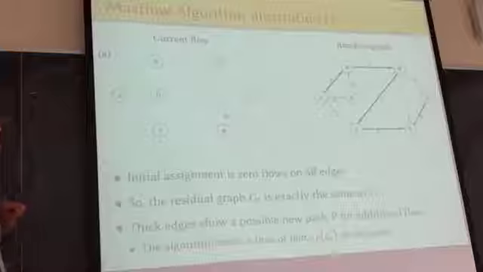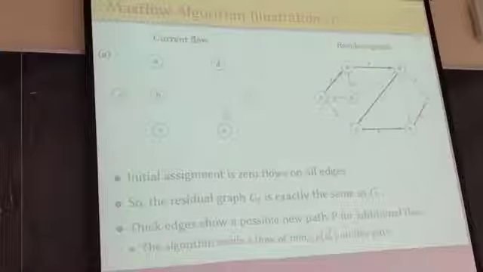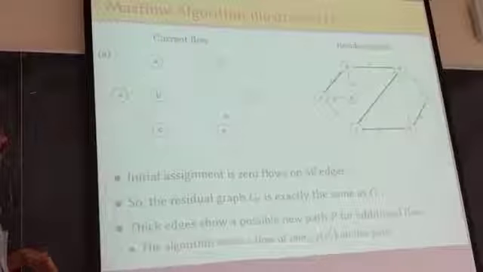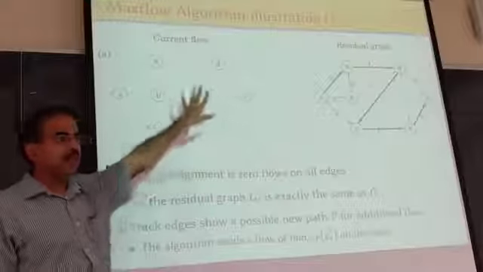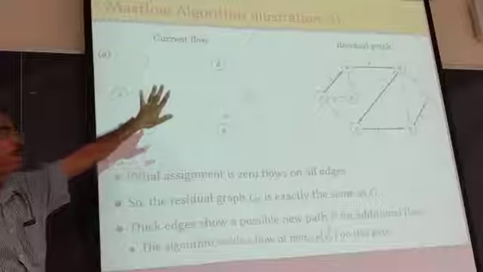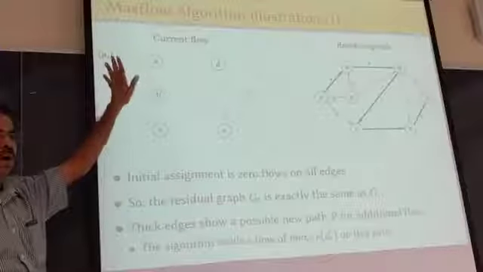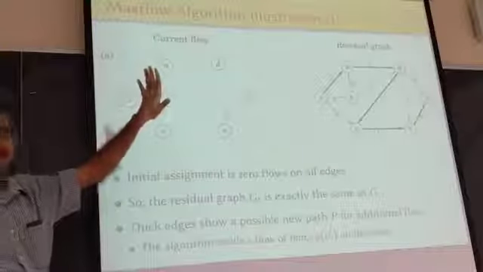At the very beginning you haven't made any assignment. So the current flow basically says nothing has been established. At this point, the residual graph is going to be your original graph, because no capacity has been assigned, so all of the original capacities are fully available.